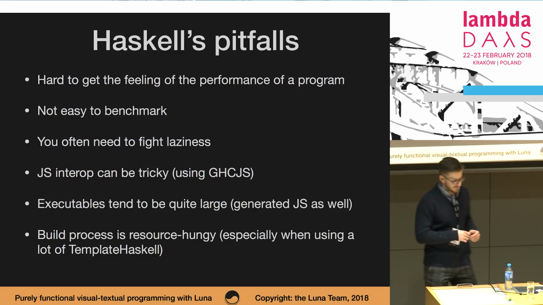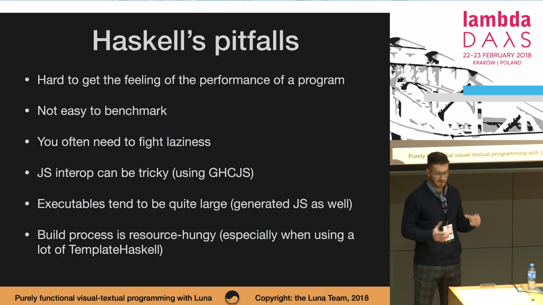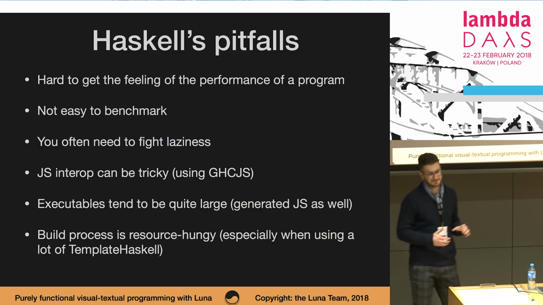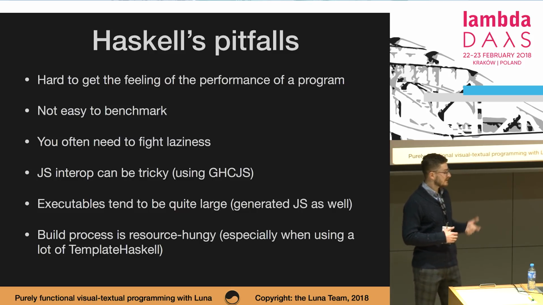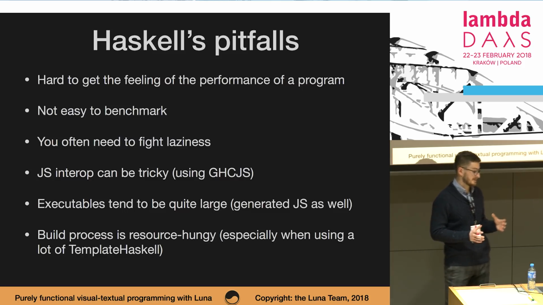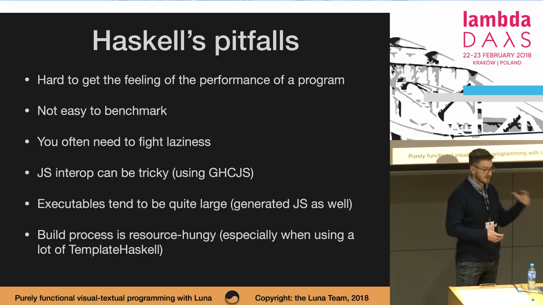Yeah, so we are using GHCJS to compile some of our Haskell code into JS. That can be tricky, mostly because the resulting JS code is quite large. I mean, think of encoding the Haskell runtime system in JS every time you compile the program.